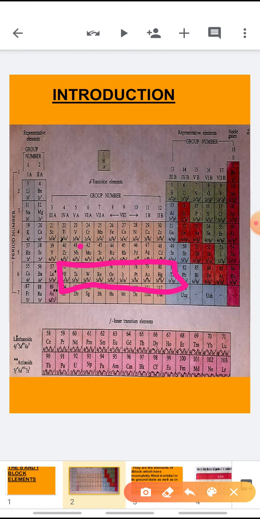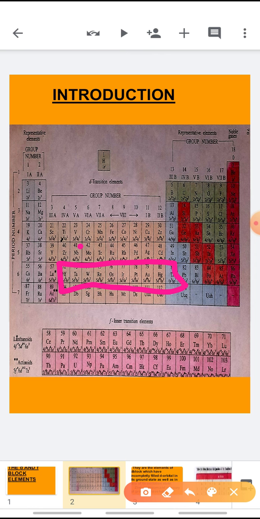But as we know, the size of an atom should increase down the group. That means zirconium should be smaller and hafnium should be bigger, but actually zirconium and hafnium have almost similar size. This is one of the consequences of lanthanoid contraction.